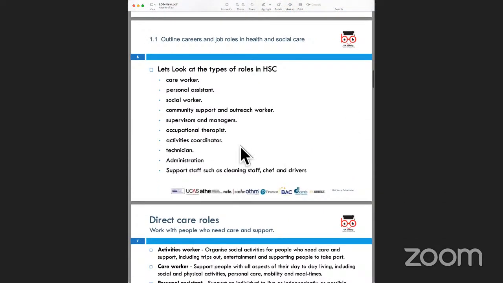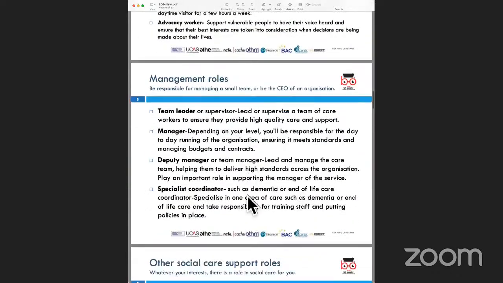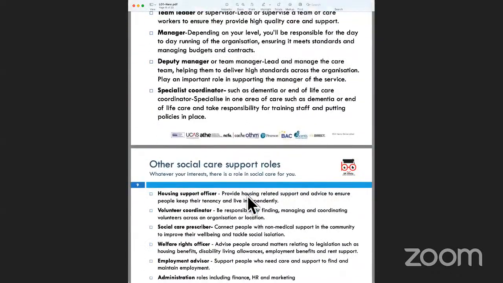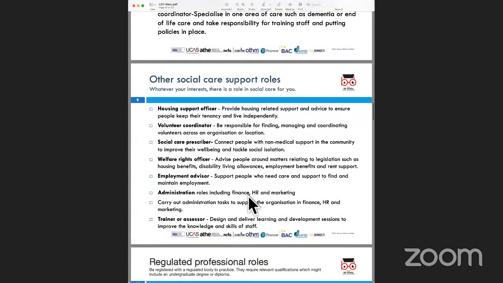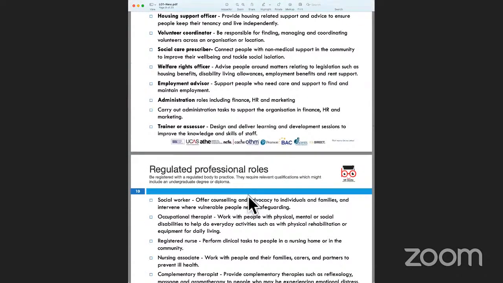Here we talked about a lot of different types of roles. We categorized them into direct care roles, and within the direct care roles there are these kinds of roles which I summarized. There are management roles. There are other support care roles, which are roles you can take up within this sector. And then you have the regulated professional roles, people who deal with compliance, standards and frameworks, and there are these kinds of roles as well.